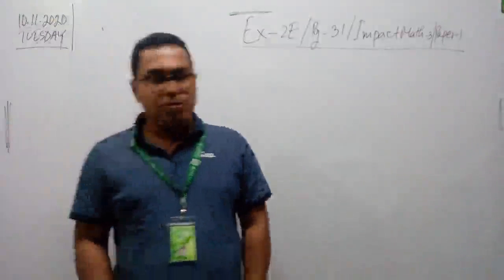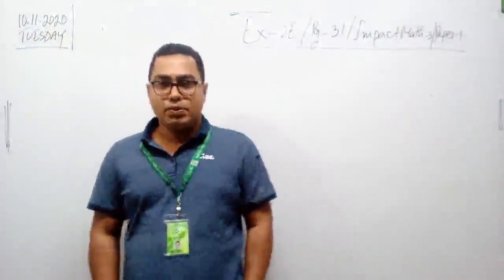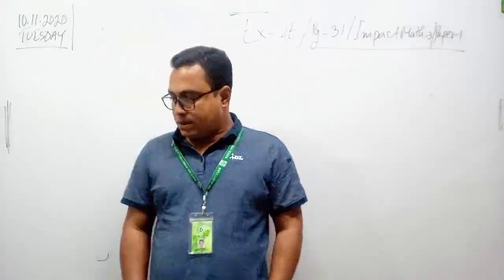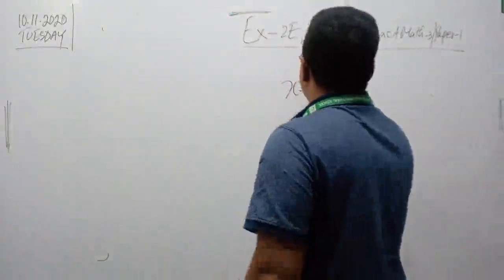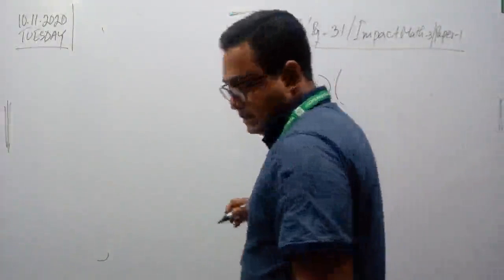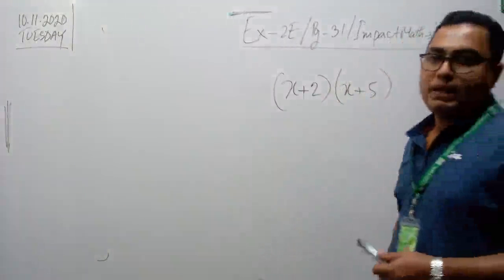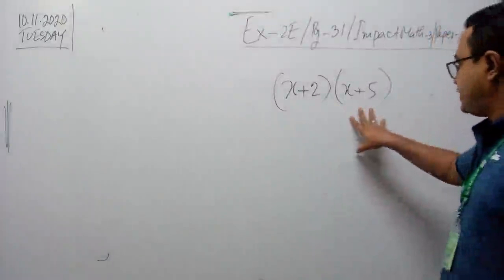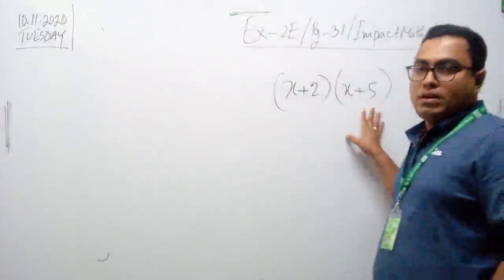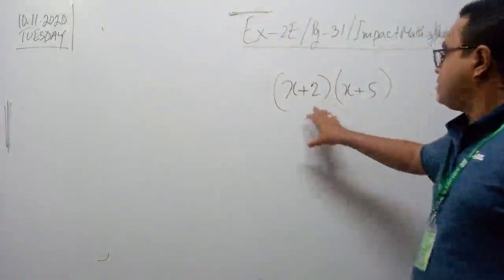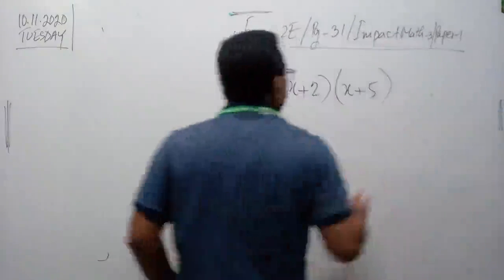One is method 1 and secondly is method 2. Suppose in the example they have given x plus 2 and x plus 5. These are two expressions, mathematical terms, multiplied with each other. You have to expand this term. So how can we do this?